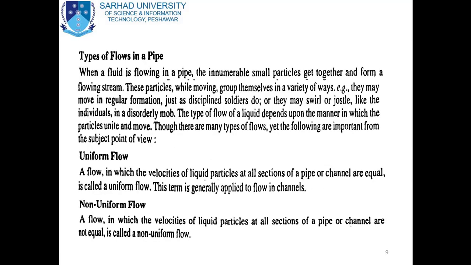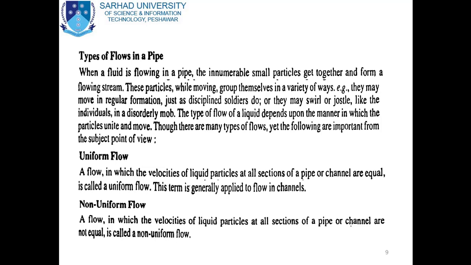The next topic we have is types of flow in a pipe. When a liquid is flowing in a pipe, the innumerable small particles get together and form a flowing stream. These particles, while moving, group themselves in a variety of ways.